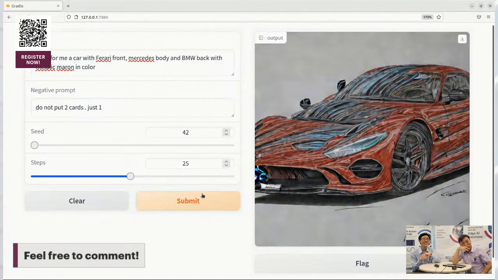It becomes like half a car in front. You can see the Ferrari, the Merc and the BMW have a mismatch, because they are not sporty cars, so it looks disconnected.